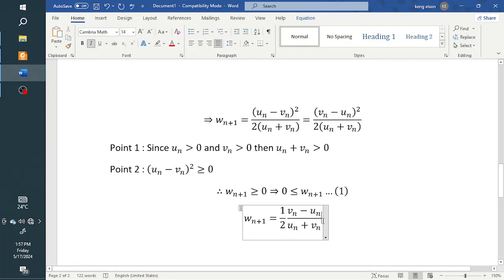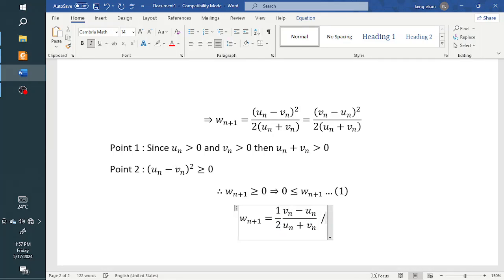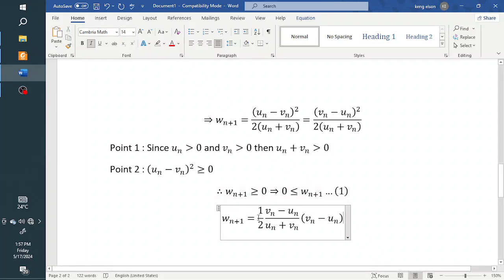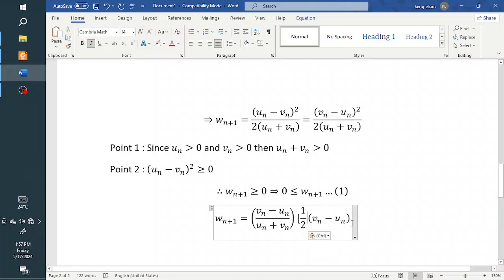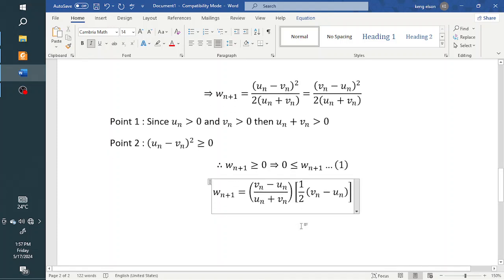Again, after doing this, I am still going to multiply it with vn minus un. I'm doing this because my proof has half wn. So because my proof has half wn, I need to first of all bring out the half wn before I try to see what to do.